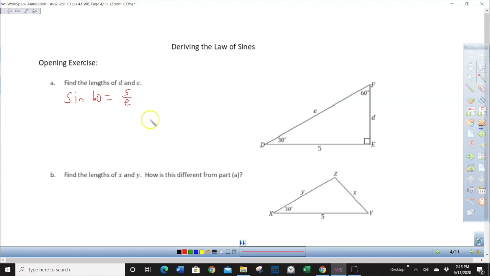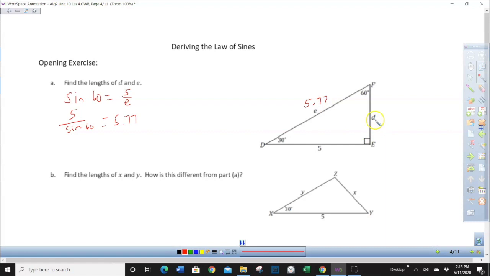And to put that in the calculator, I do 5 divided by sine 60. And that gives me 5.77. So that gives me what E is. Okay, so I know E. So I still need D.